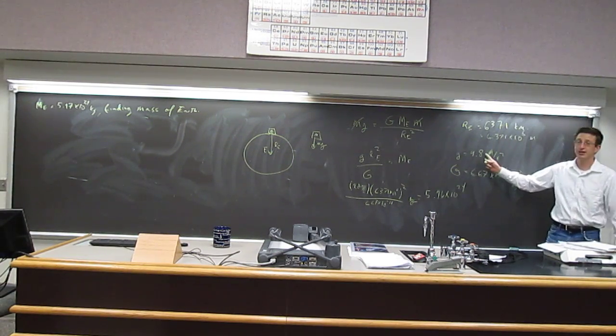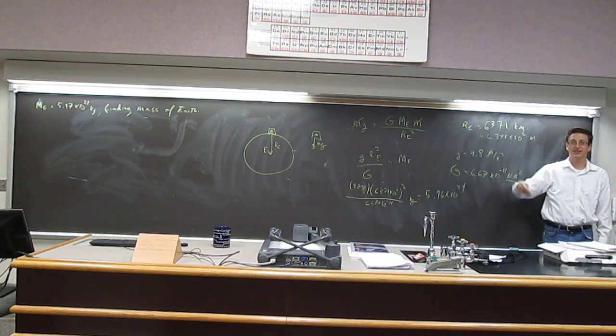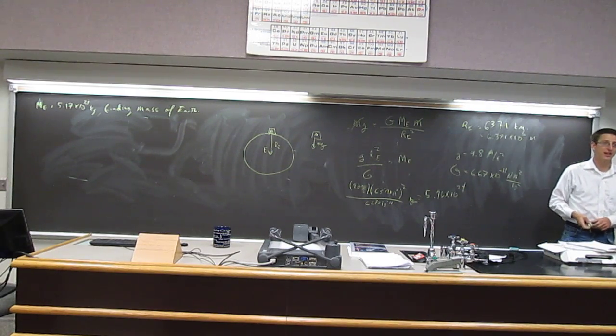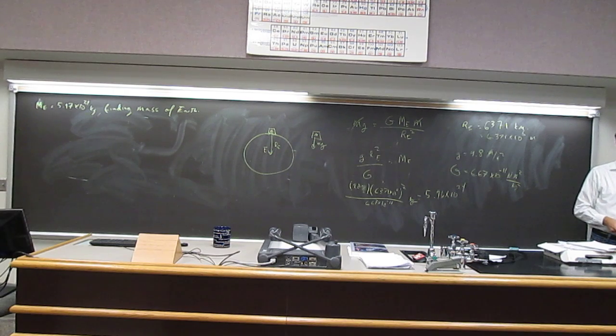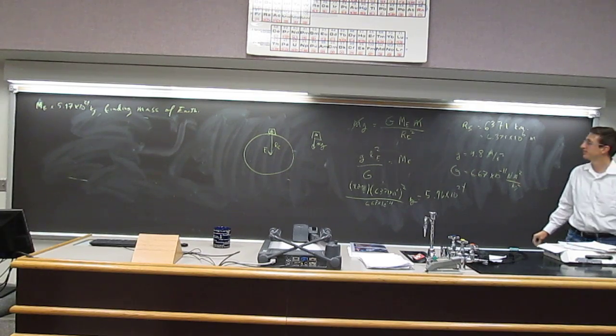I actually wrote this as 9.81 and get exactly that. In fact, by measuring gravitational force, that's how they measure the mass of the Earth. So, anyway, you just weighed the Earth by knowing how much you weigh and what the radius of the Earth is. And you can get the radius of the Earth by looking at how far away the horizon is.